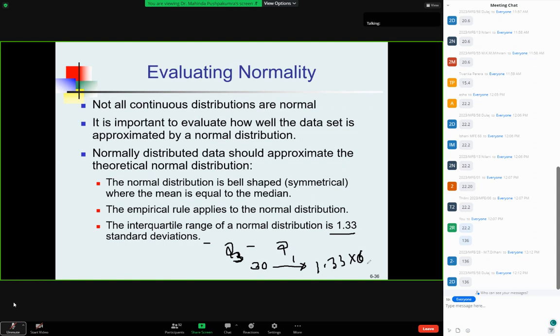That means if the standard deviation is multiplied by 1.33, it should be equal to the interquartile range. Okay. Theoretically, you can check these three conditions: mean and median, the empirical rule, and the interquartile range.